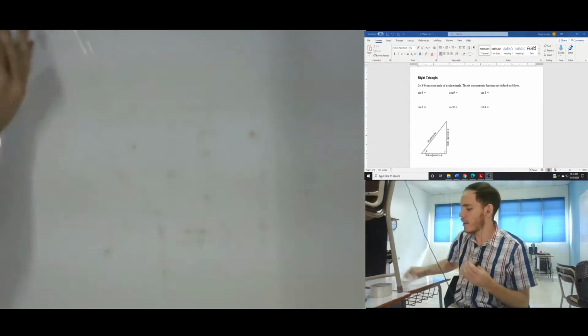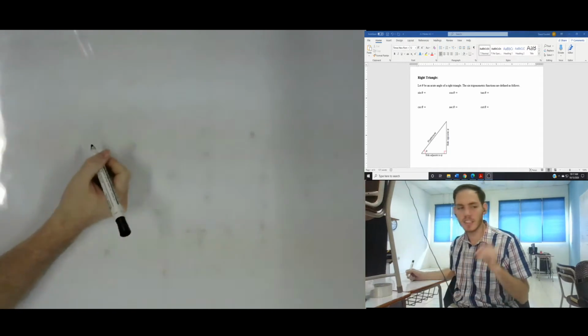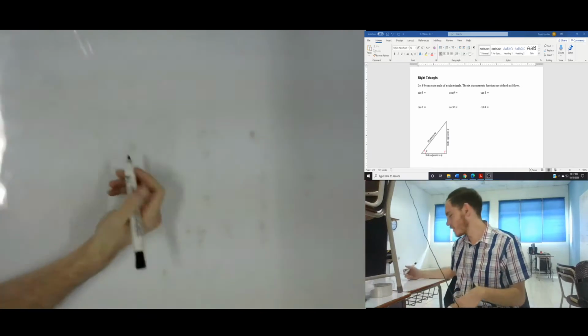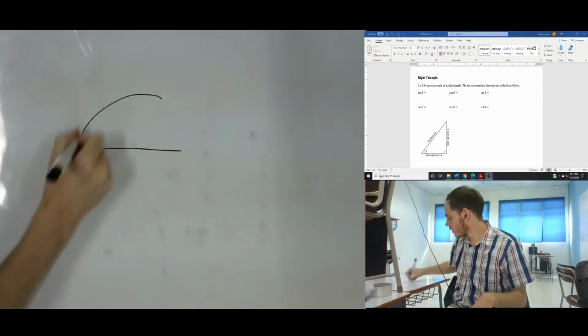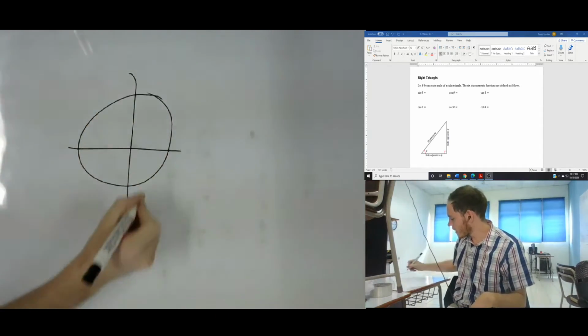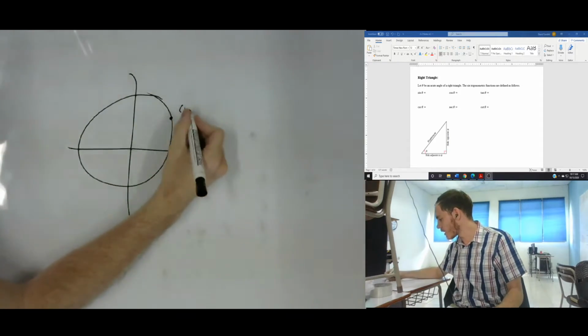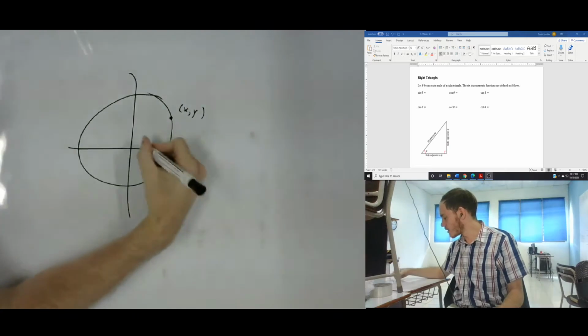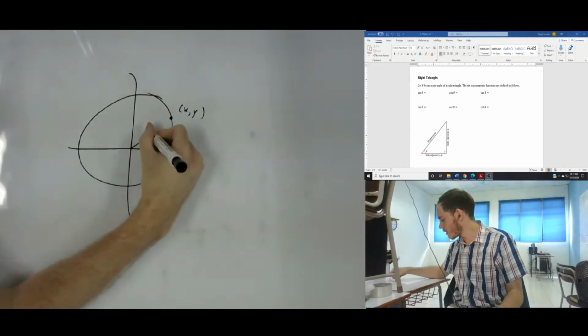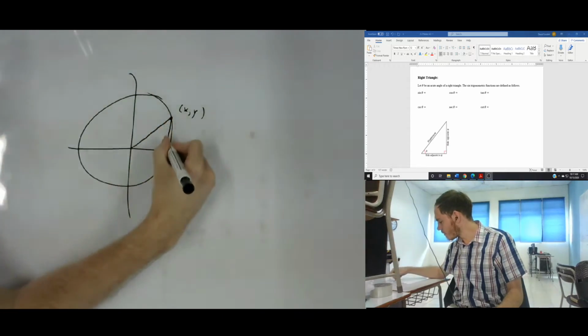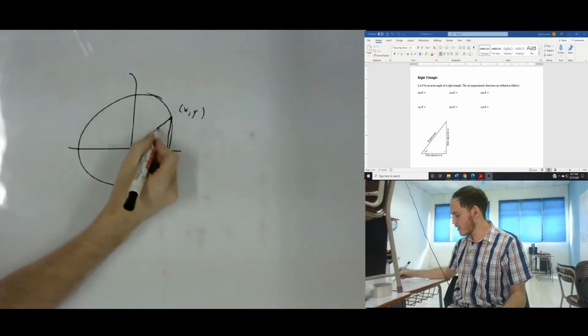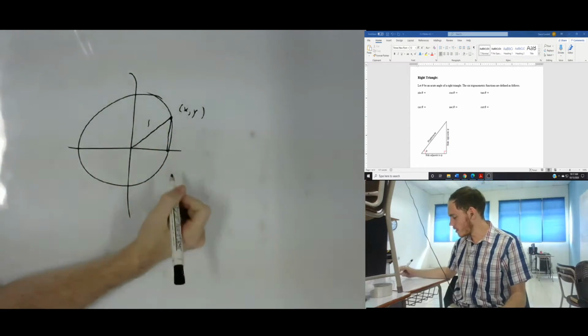So in our unit circle, actually this is a brief tangent. That was terrible. Okay, this is not a good unit circle, but when you have a point, x comma y, and we know the sine and cosine of that point, if you draw the angle, you know that the hypotenuse of this is just 1.